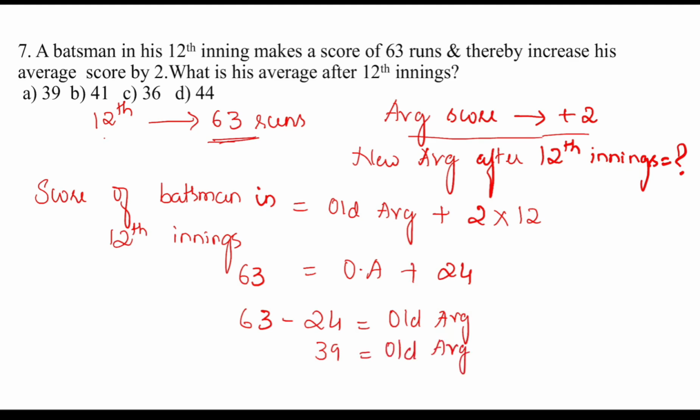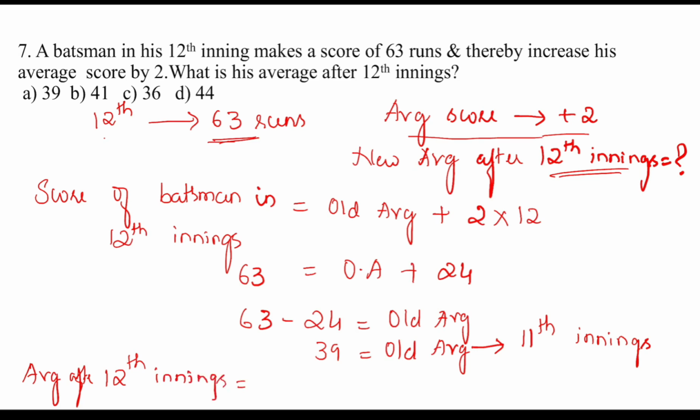But they are asking what the new average is. We know it is increasing by 2. So 39 is the old average, meaning the average till the 11th inning. But after the 12th innings, what is his new average? The average after the 12th innings is old average plus 2, 39 plus 2, which is equal to 41.